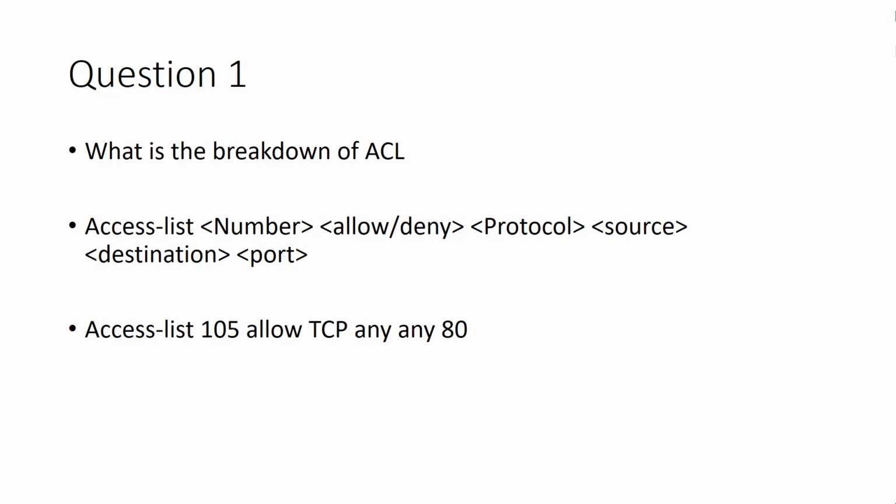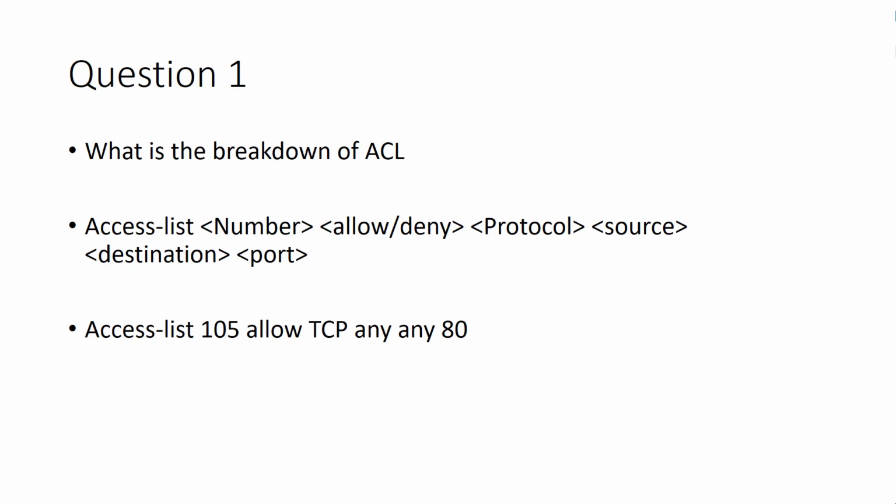Normally source is two parts. It could be an any, it could be the source IP and subnet mask, and then destination. Again, either any or a specific host or range of addresses.